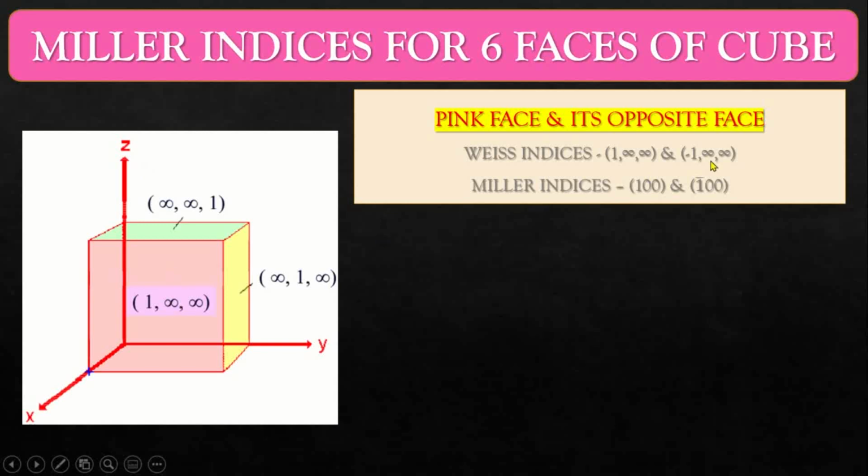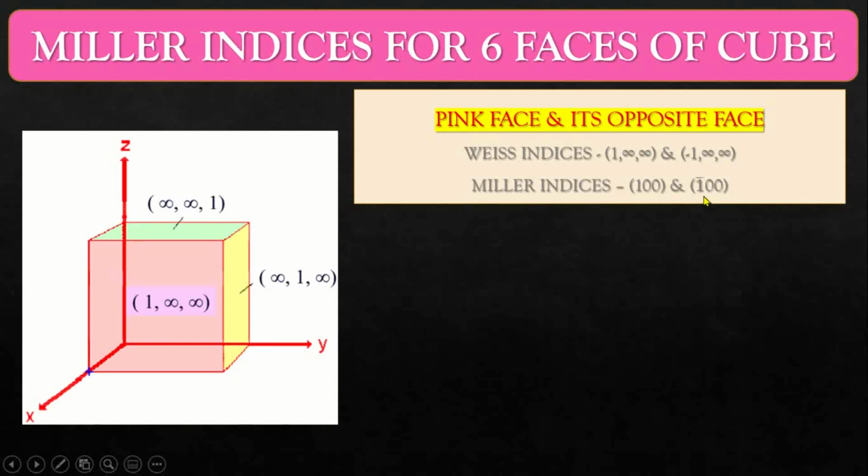So the remaining 2 intercepts will be infinity. Thus, the Weiss indices for the 2 planes are 1, infinity, infinity, and -1, infinity, infinity. Now we can convert these Weiss indices into Miller indices by just taking the reciprocal of these coefficients of intercepts. For 1, the reciprocal will be 1, for infinity it will be 0, and 0. So the Miller indices for the front face is 1, 0, 0, while for the back side face it will be 1 bar 0 0.